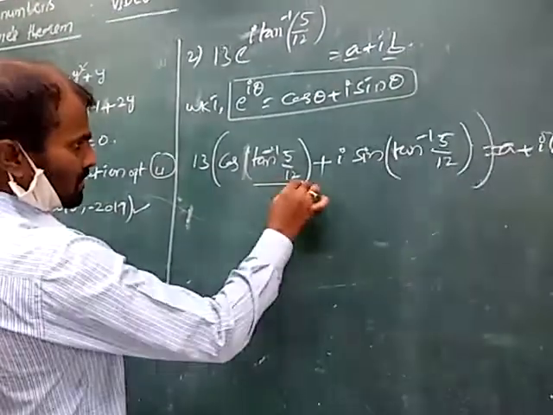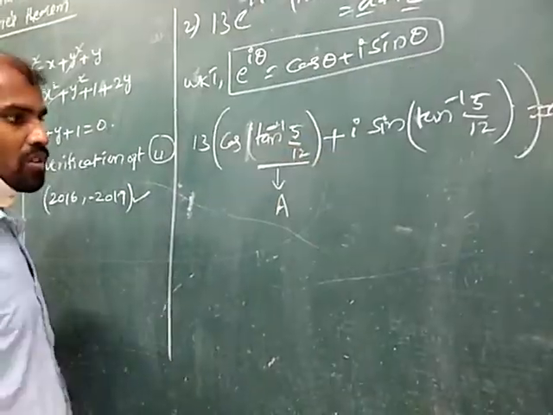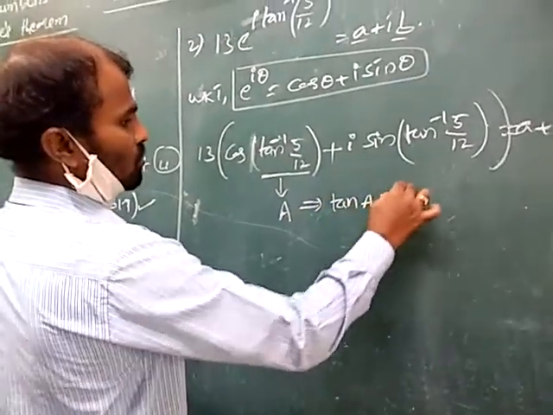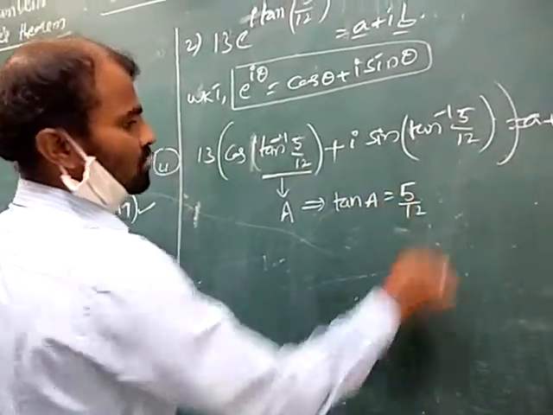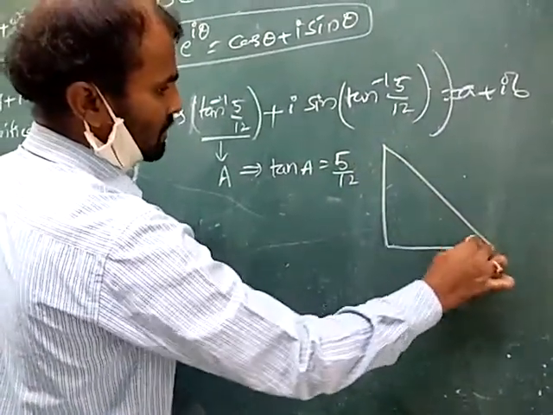Now here let tan inverse 5 by 12 be a. So tan inverse 5 by 12 equal to a means tan a equal to 5 by 12. Now draw the right angle triangle for tan a. So let the angle be a.